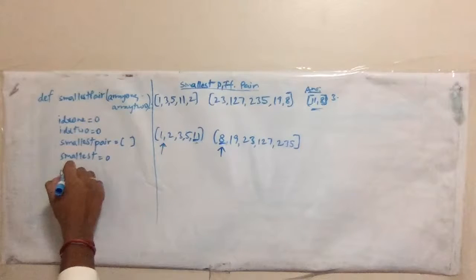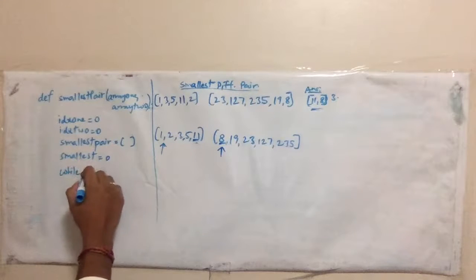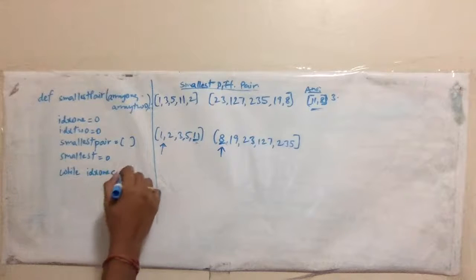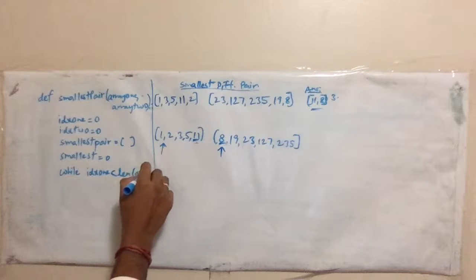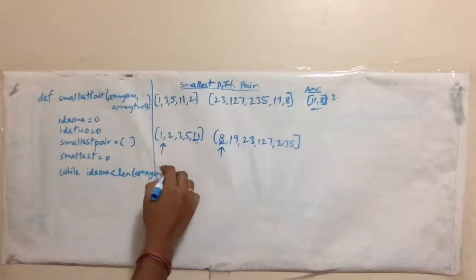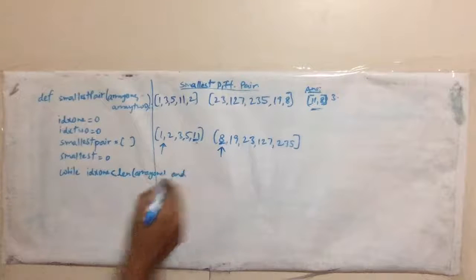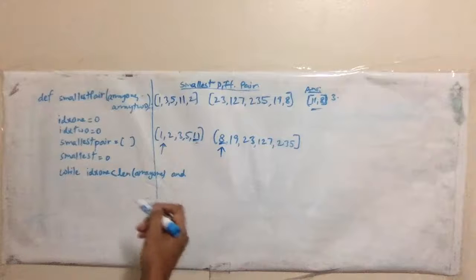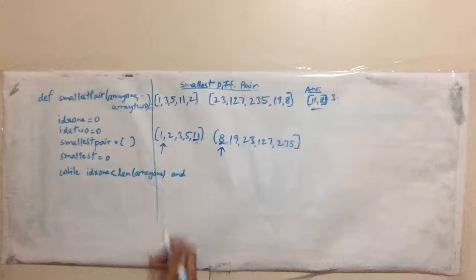So while index 1 is less than the length of array 1, and both indexes should be less than their lengths.